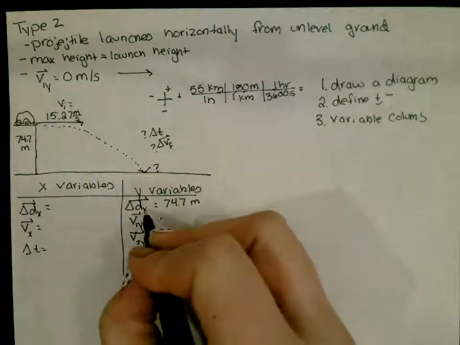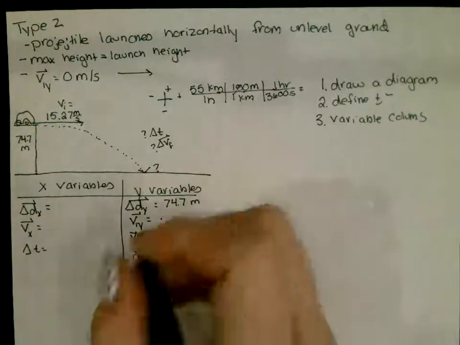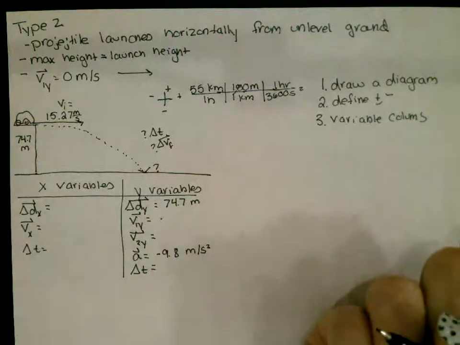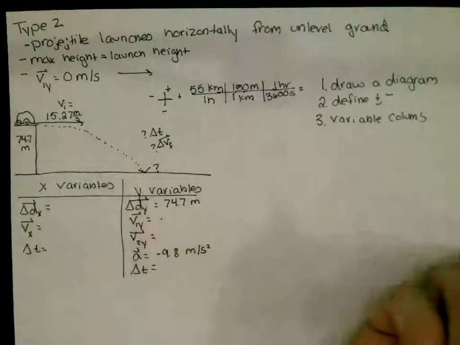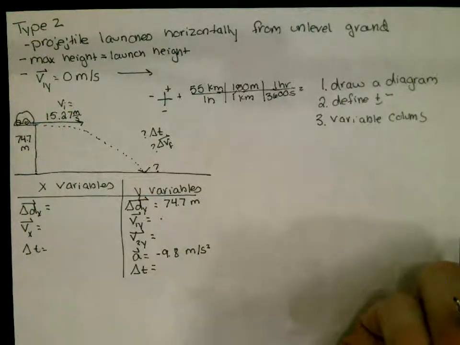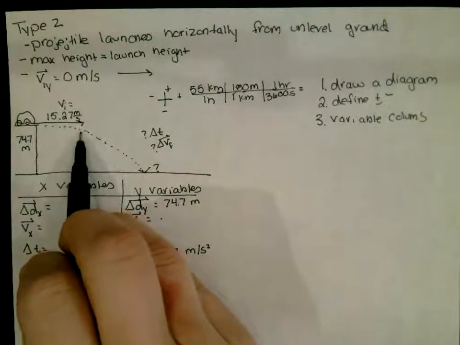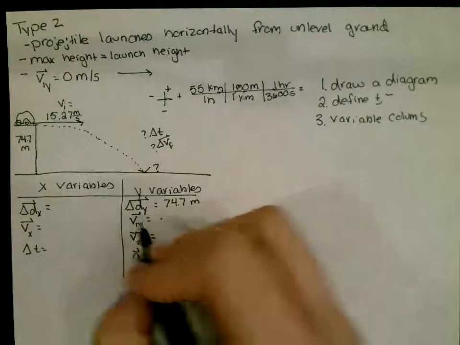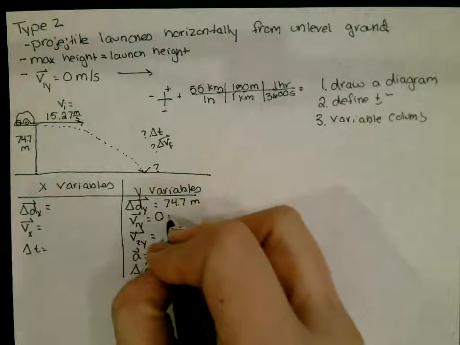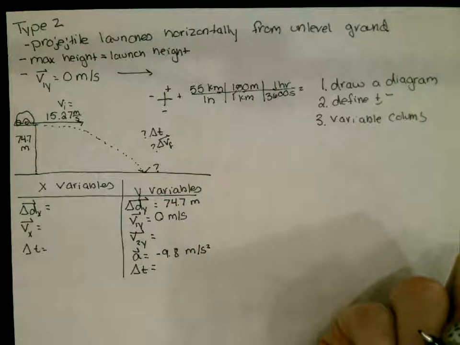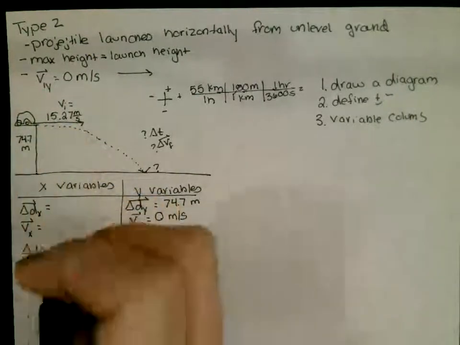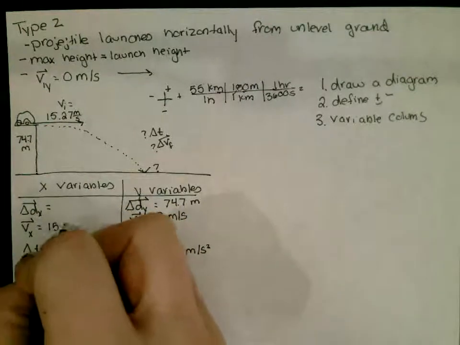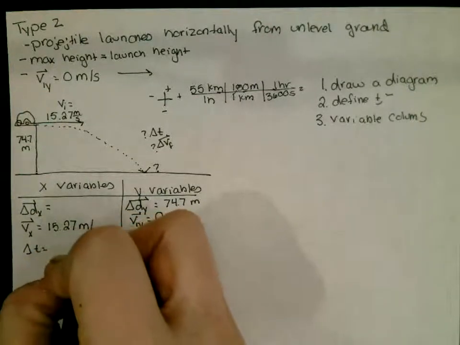So that max height is also my final vertical change in displacement. Our initial velocity was 15.27 meters per second, and usually we would divide that into an x and a y, but there's no y if it's horizontal. So my initial y velocity is 0 meters per second, which means that my horizontal velocity is 15.27 meters per second.